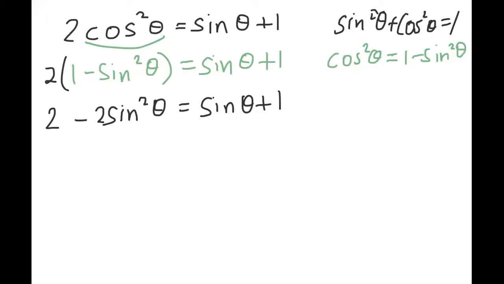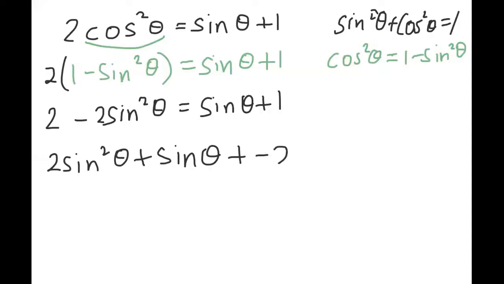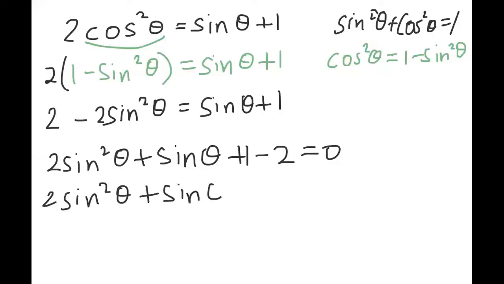So I'm going to get 2 sine squared theta plus sine theta plus the 1 minus the 2 equal to 0. Oops, plus the 1 minus the 2 equal to 0. And if we write it, we get this plus sine that minus 1 equal to 0. Just see if you can do that. So that is what I've done now.